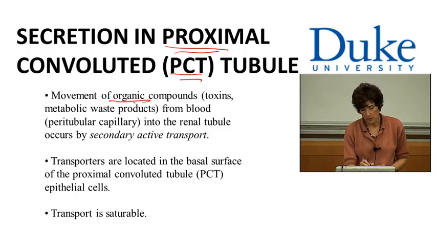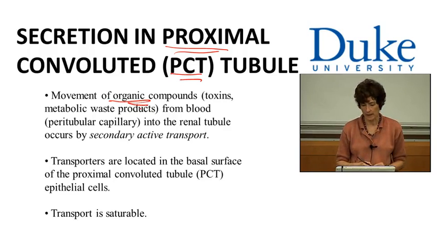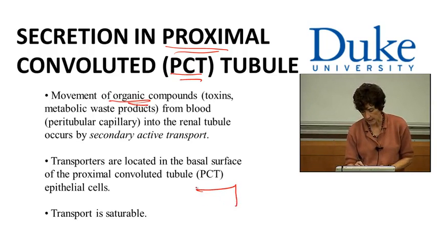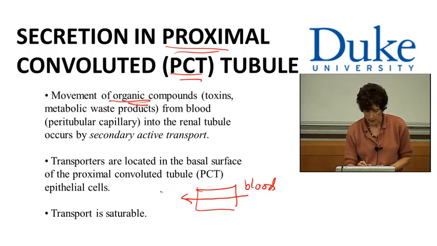And the materials that we're moving are going to be organic compounds. These are going to use transporters which are sort of generic transporters, and they're located on the basal surfaces of the cells. So the generic transporter is allowing this material to go from blood into the lumen of the tubule.